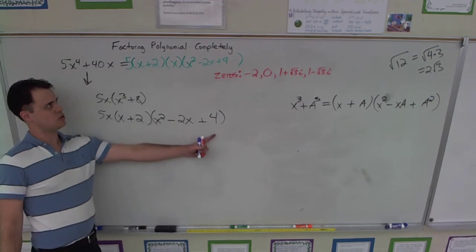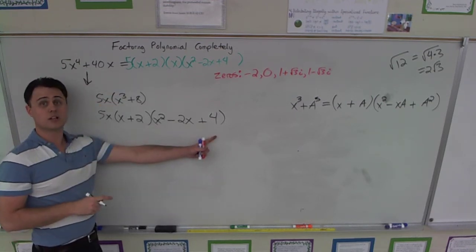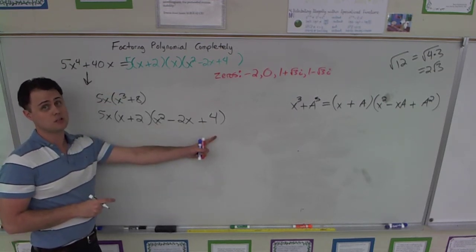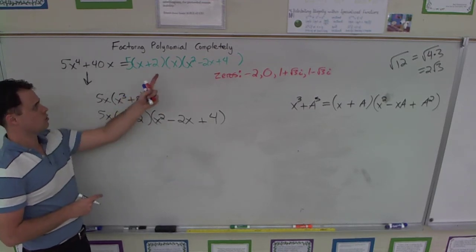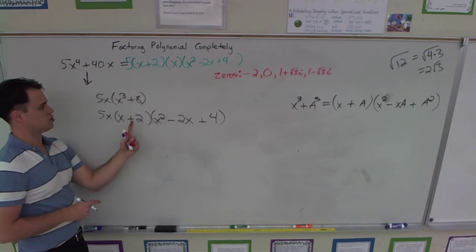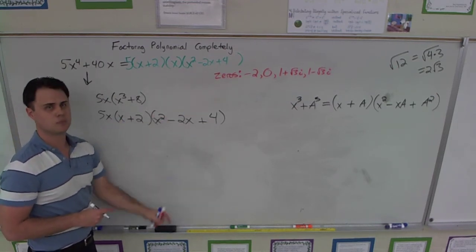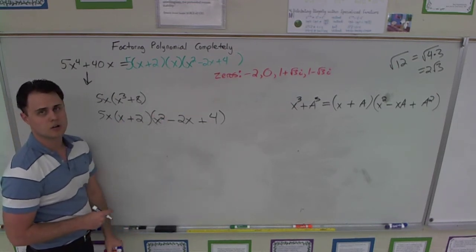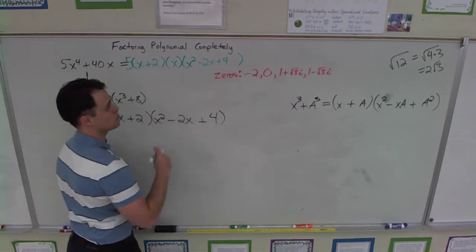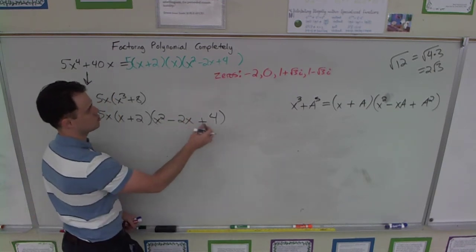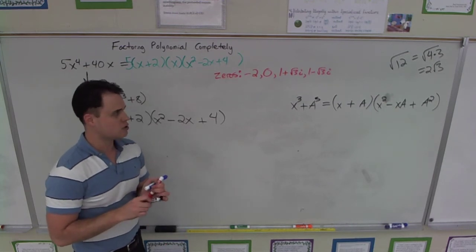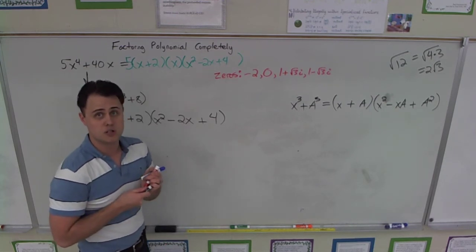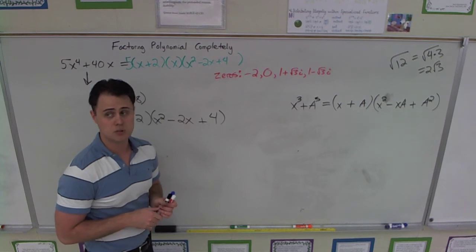If you look at this and compare it to what we got when we used our calculator and synthetic division, I think you'll find that they are identical. 5x, x plus 2, and the parabola. Of course, I don't need to go and solve this because I've already used my quadratic formula to find this guy's zeros, those right there. So there's a completely different way to use a formulaic approach instead of a synthetic division approach to solve this problem.